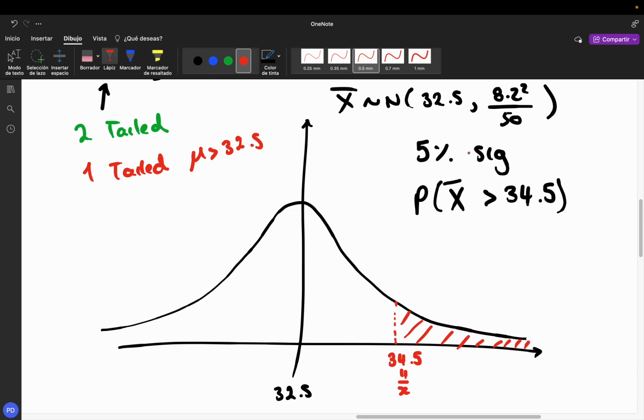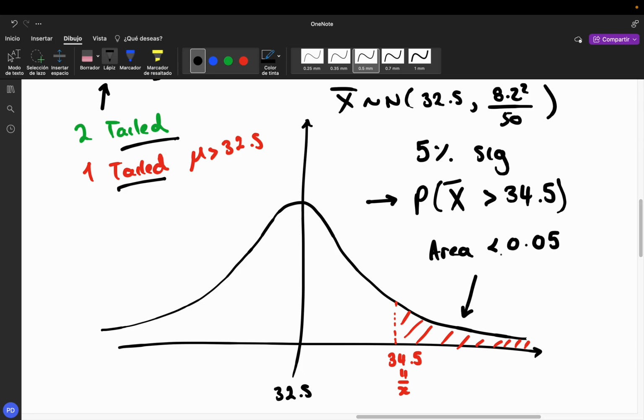Now, the significance level is saying that if this area is less than 0.05, so there's less than 5% of the data on this tail, hence the tailed, then it's quite unlikely that we saw what we saw, which was 34.5 or higher.